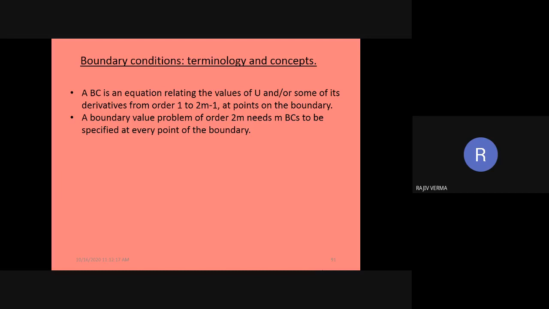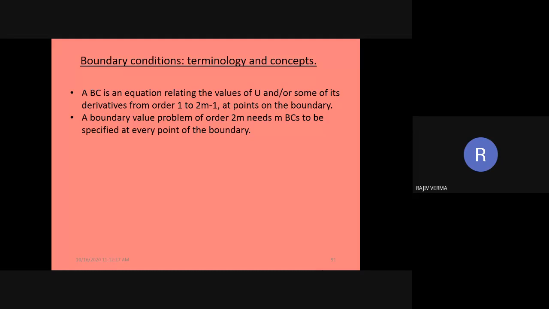For the example which we have just seen, we were solving a governing equation which was second order. Since it was second order, the value of m is going to be 1. Therefore, one boundary condition is supposed to be prescribed at every point in the boundary.